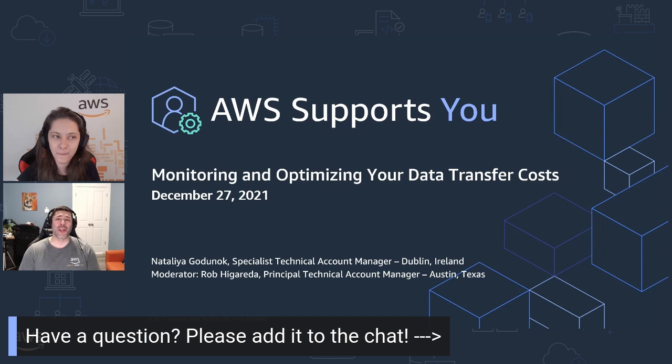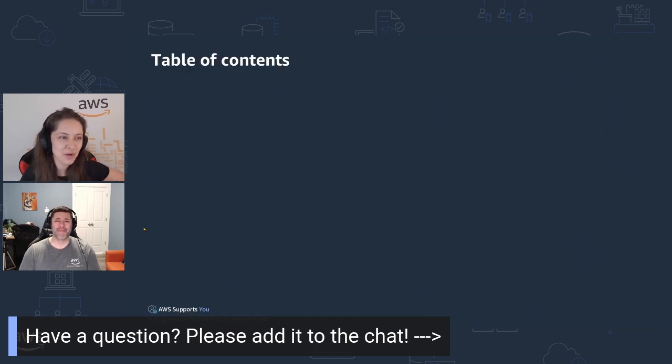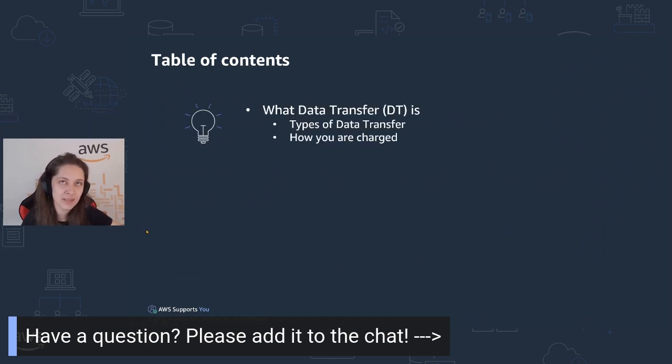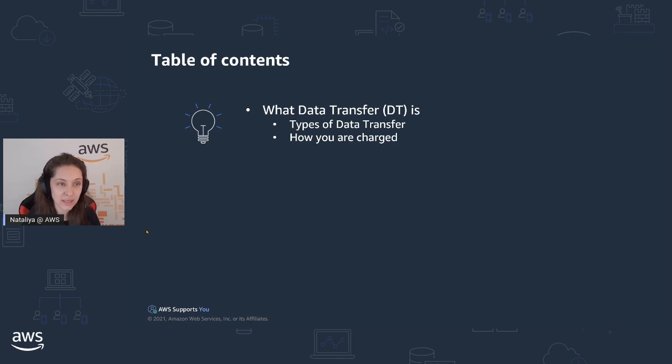So Natalia, can you go ahead and walk us through what we're going to be talking about? Yeah, thank you. So today we will cover a couple of topics. First, what data transfer is in the context of AWS networking, which types of data transfer there are, and most importantly, how they are charged. I'll also have a short demo to show you how to easily navigate the pricing pages.